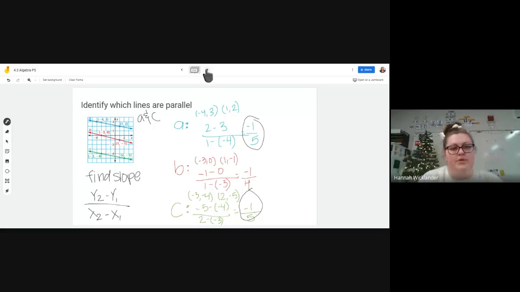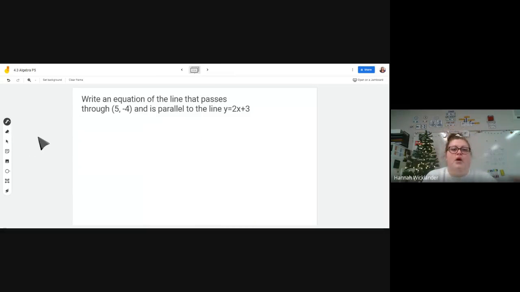Good job. So next, we kind of did this last week. We were given 2 points and we had to find the equation. This time we're given 1 point and a line, and we need to make an equation of a line that is parallel and goes through these points.